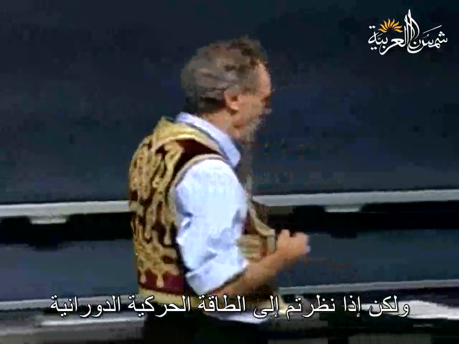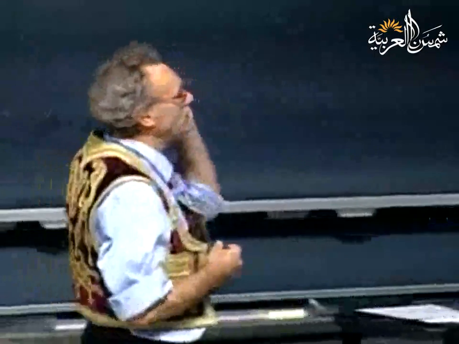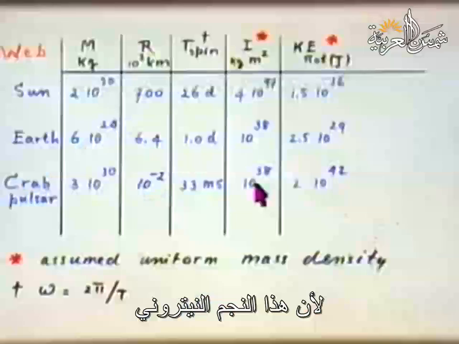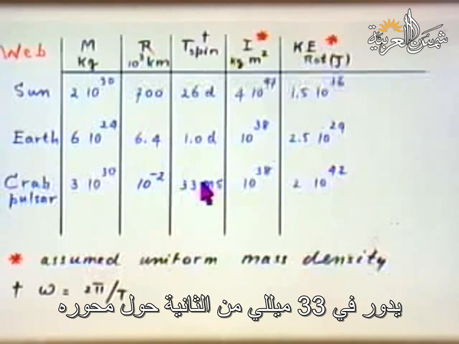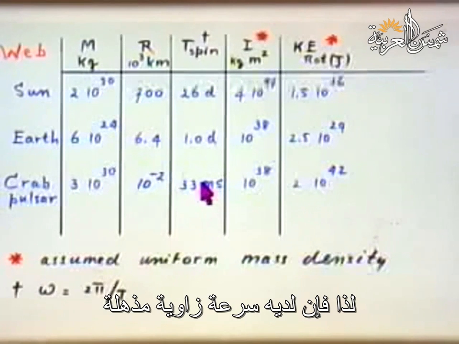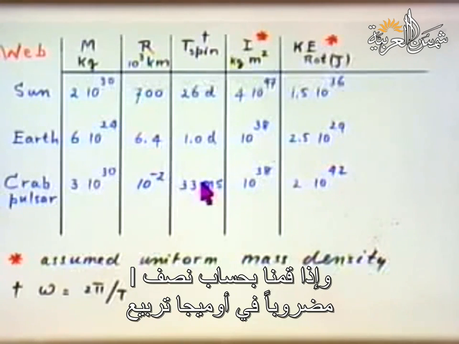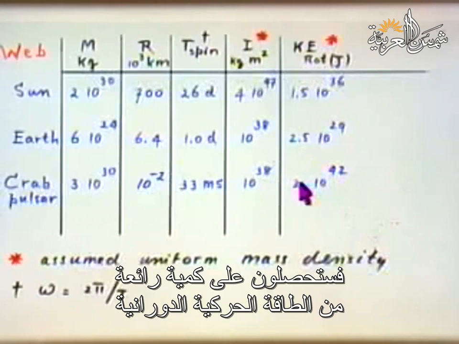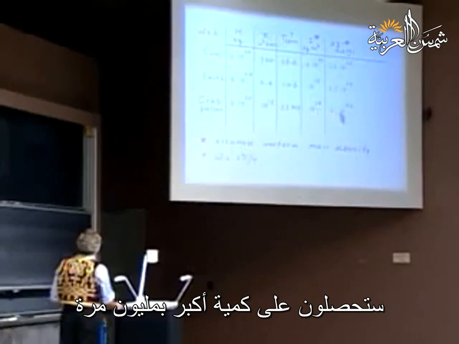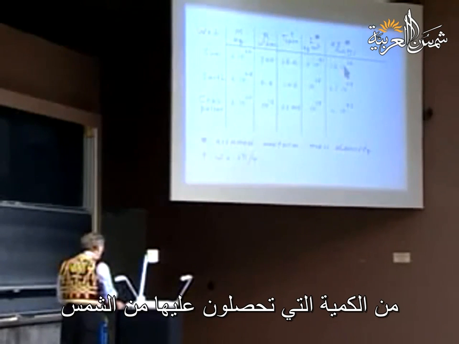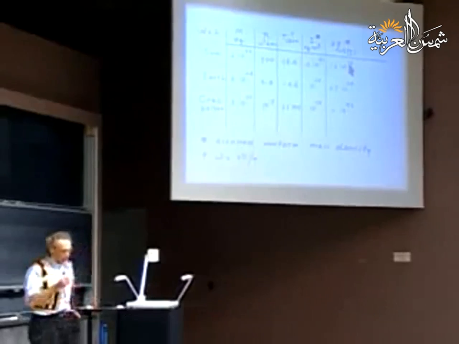However, if you look at rotational kinetic energy, the situation is very different because this neutron star rotates in 33 milliseconds about its axis. So it has a phenomenal angular velocity. And so if now you calculate 1/2 I omega squared, you get a fantastic amount of rotational kinetic energy. You get an amount which is more than 1 million times more than you have in the Sun.